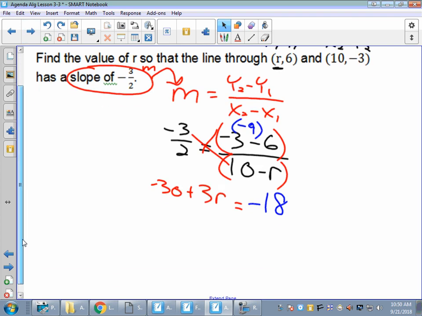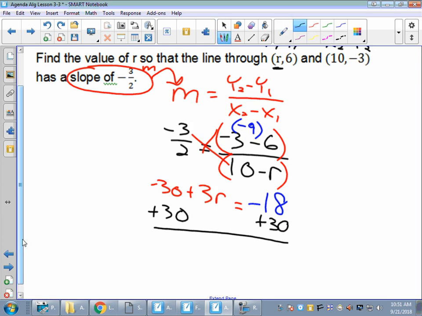And now we're just solving for r. When we solve for r here, we're going to add 30 to both sides, which is going to give us 3r on the left, and on the right-hand side, we're going to have 12, because -18 plus 30 is 12.